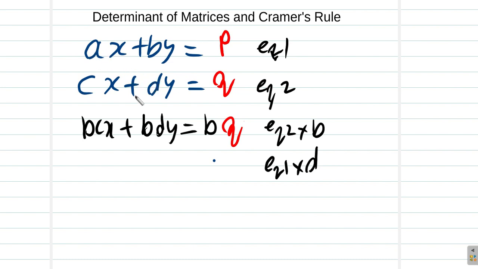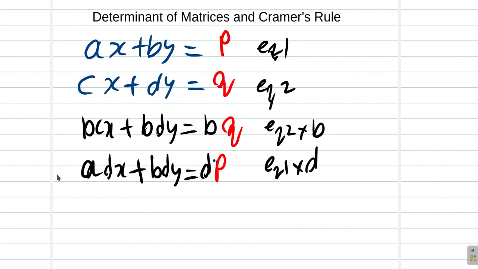Of course, it requires that you remember how to solve a pair of simultaneous equations using the elimination method. So we have d times ax, which is adx, plus d times by, which is bdy, equals d times p, so we have dp.